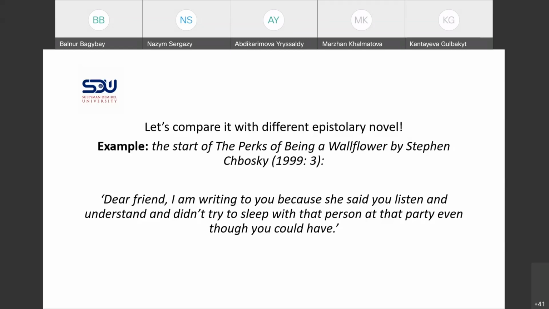And the second thing you may see from the syntactic level is that the sentence is syntactically extended with two instances, and the coordinating conjunction "and" works like a subordinating conjunction here. Especially the nominal "that" clause that you may see here with "that person" and "at that party." It all shows that the sentence was extended syntactically. It means that one sentence has so much information in it, showing that the person may probably have been quite emotional at that very time when writing these words. Very interesting, isn't it?